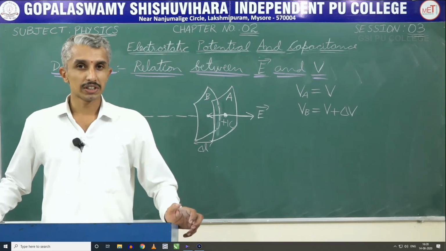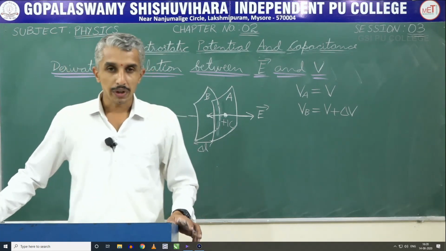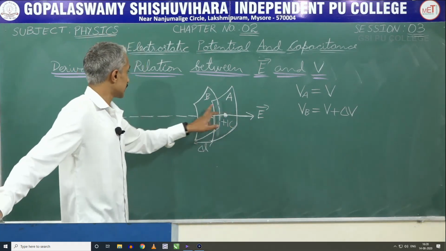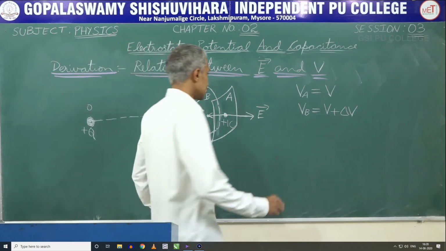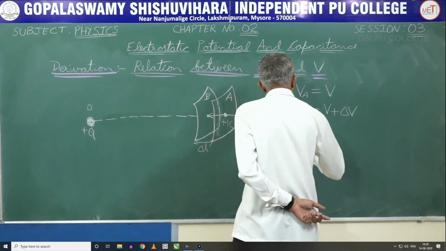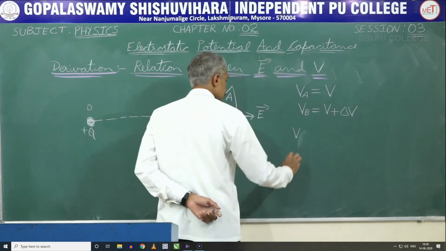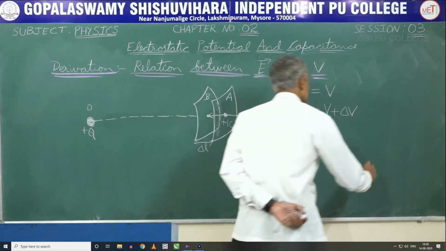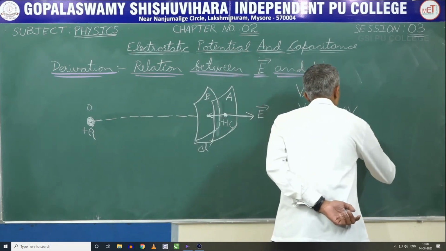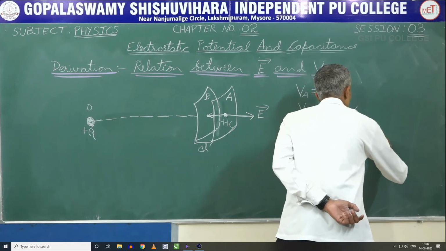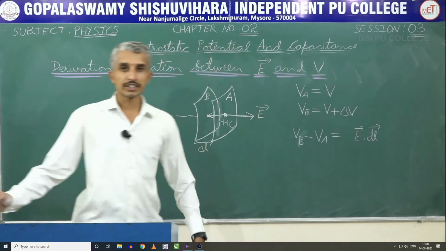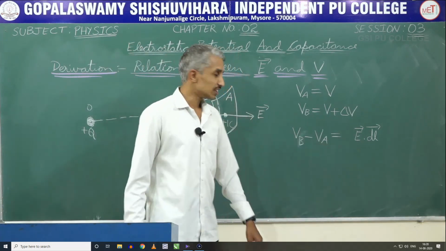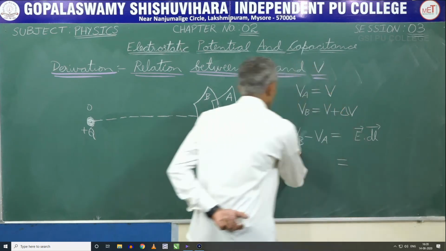From the definition of potential difference, the work done in moving a unit positive charge from surface A to surface B against the field is given by VB minus VA, which is equal to E dot dl. As I have taken a unit positive charge, this is going to be E dot dl. What is the potential at B?